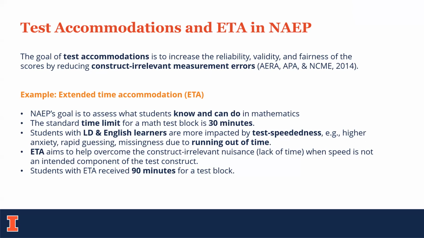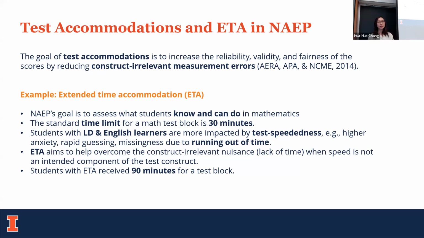The standard version of the NAEP 15-item block has a time limit of 30 minutes. However, students with learning disabilities and English learners might be more impacted by test speededness. For example, they might have a higher anxiety level, and be more likely to run out of time and engage in rapid responding or guessing, and missingness due to running out of time.